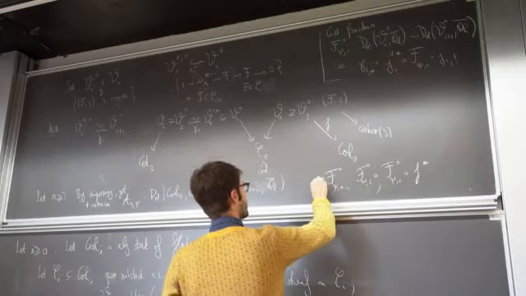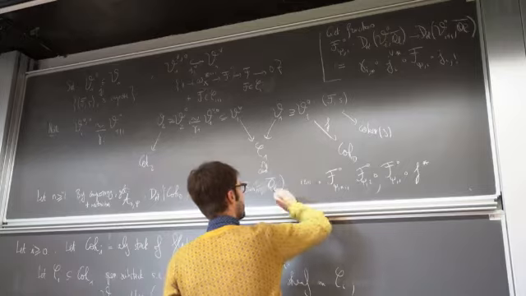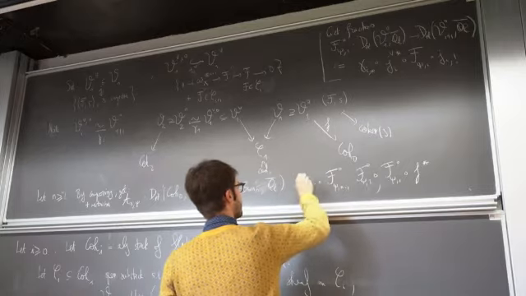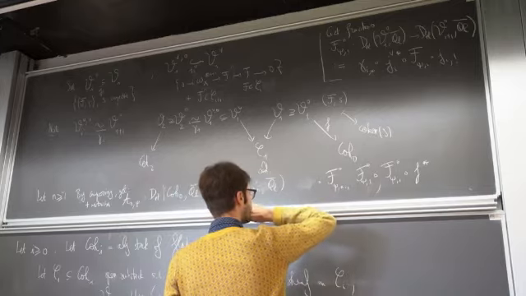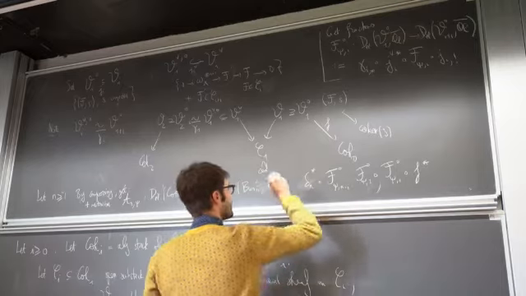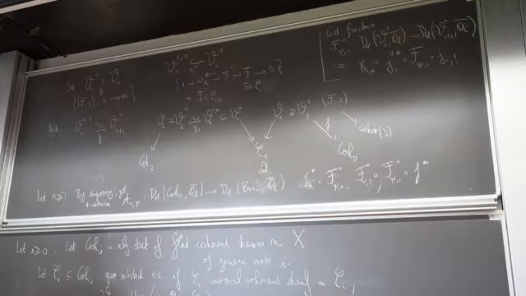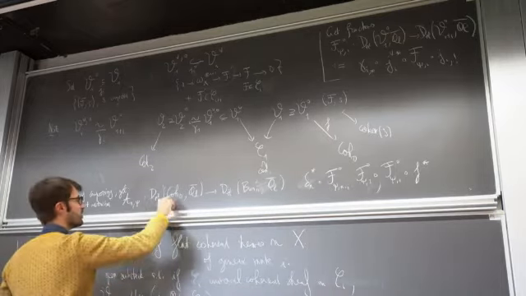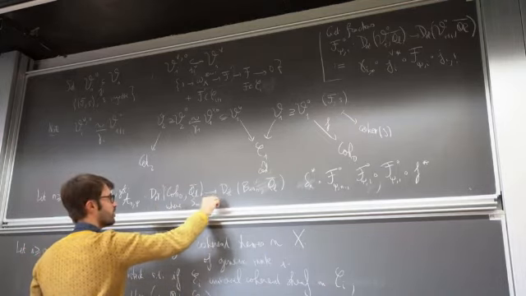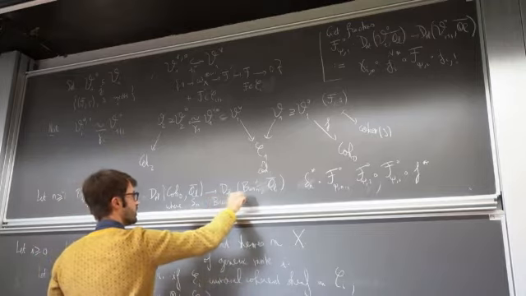Then you just restrict, where delta_n is just the inclusion of one prime n.